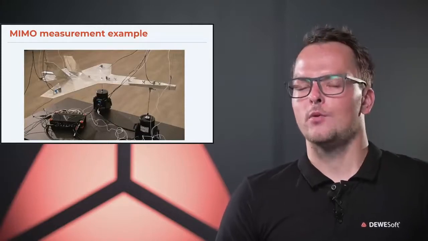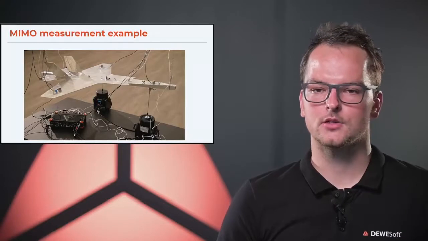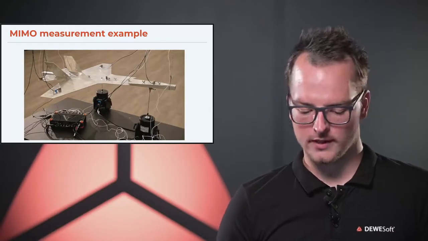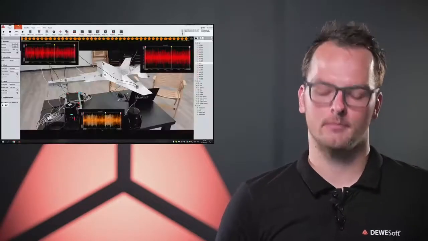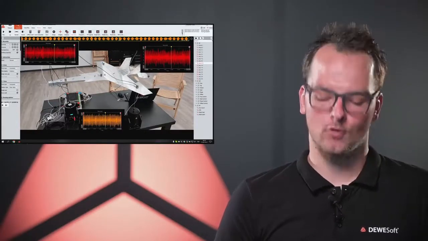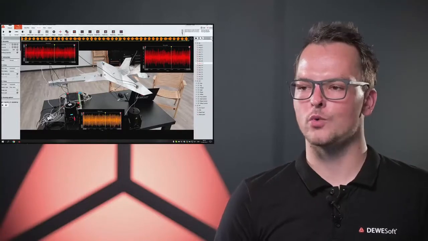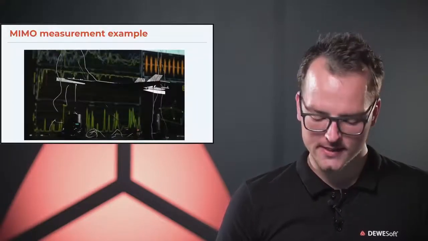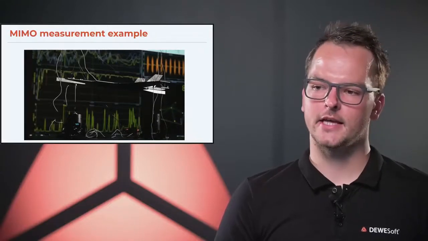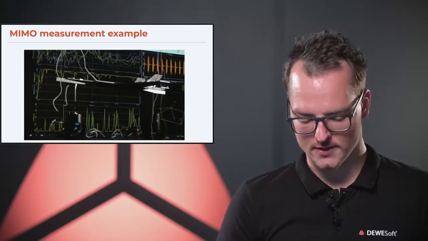So I will show you a data file of a measurement. Let me describe this measurement a little bit. We conducted the measurement on a demo airplane, where the structure was excited with 2 shakers, and the excitation was measured with 2 force transducers.